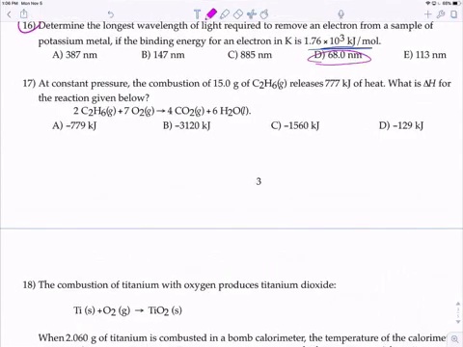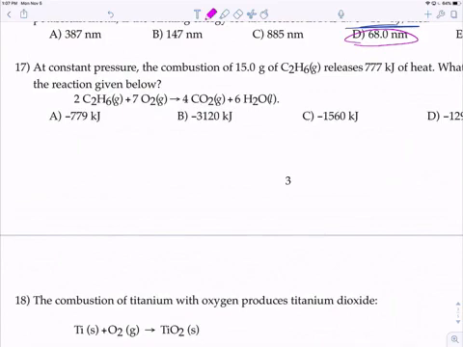A constant pressure combustion of 15 grams of ethane releases 777 kilojoules of heat. What is the delta H for the reaction there? So, gotta do good old dimensional analysis here.